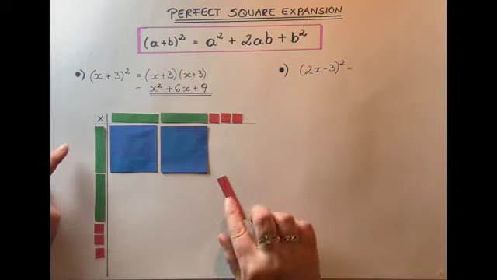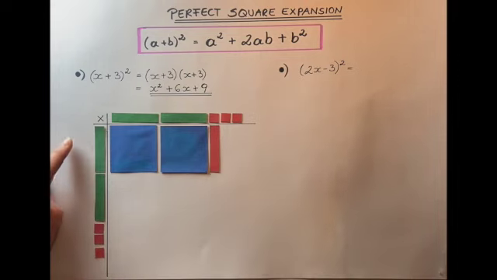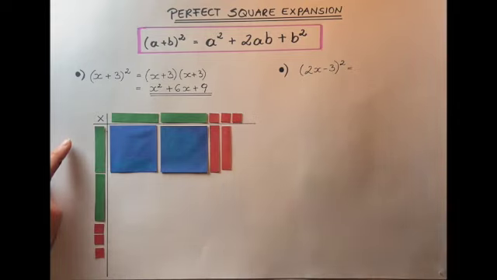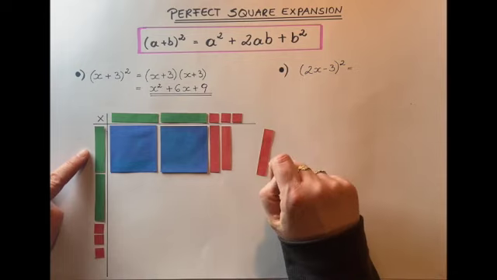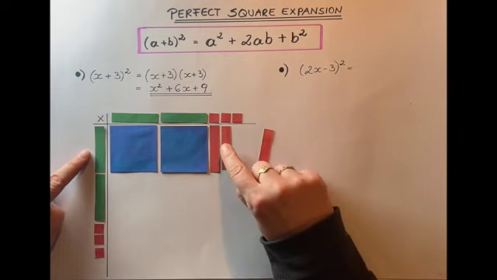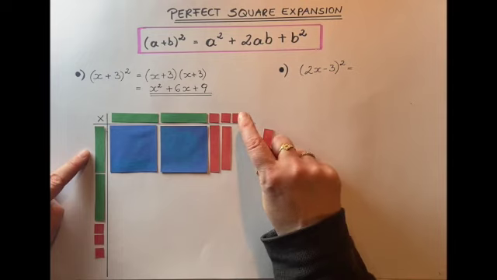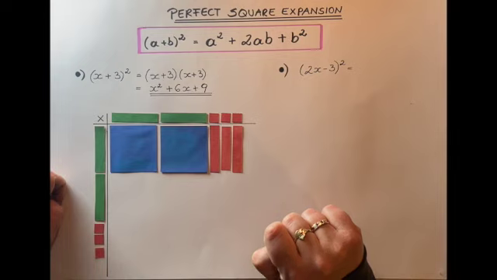There we go. X times negative 1 gives us a negative x. X times negative 1 gives us another negative x.